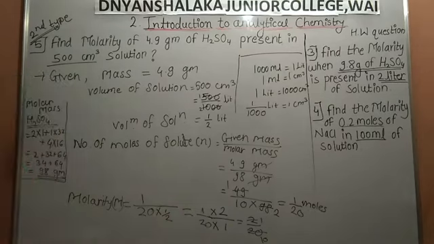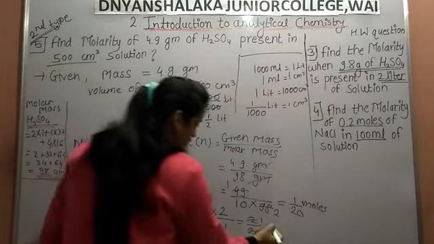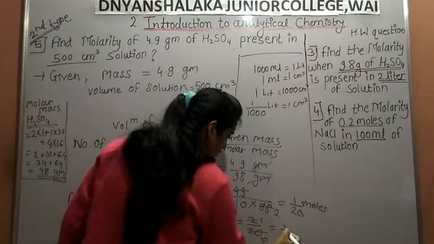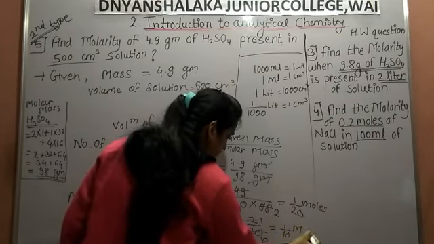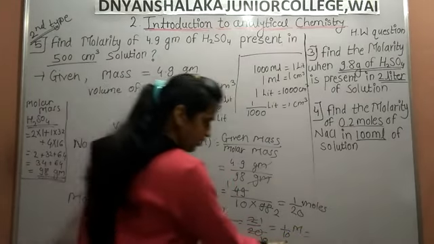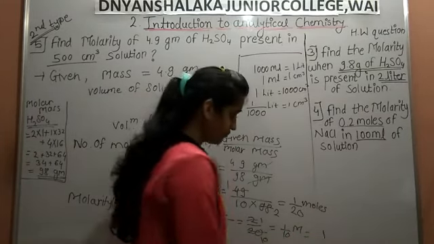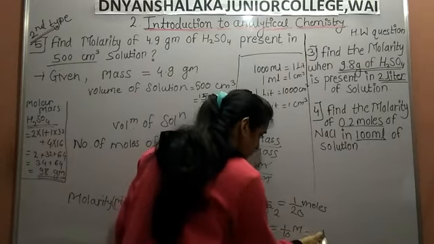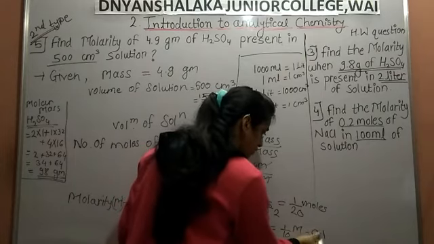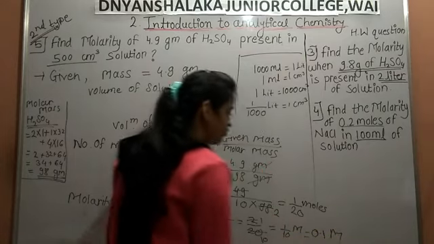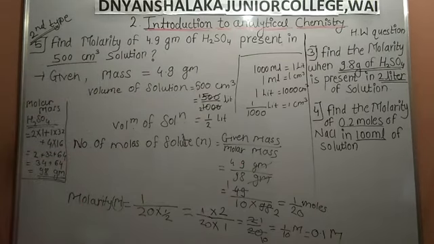So we put a decimal point and shift it, and we get the answer 0.1 mole. We get the final answer 0.1.